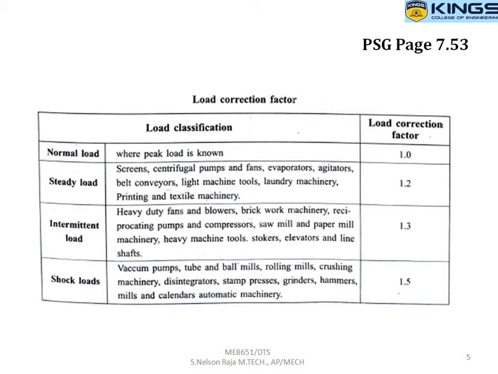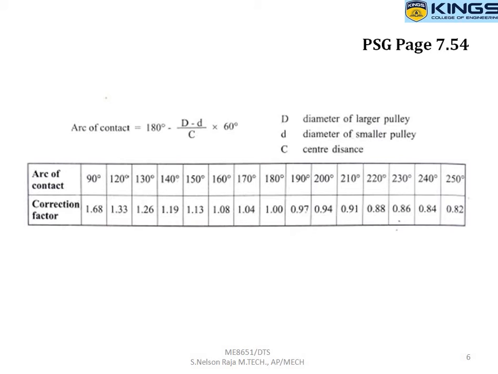The corresponding values are 1.0 for normal load, 1.2 for steady load, 1.3 for intermittent load, and 1.5 for shock load. We select the suitable factor according to the load condition. Similarly, we have to find the arc of contact factor.